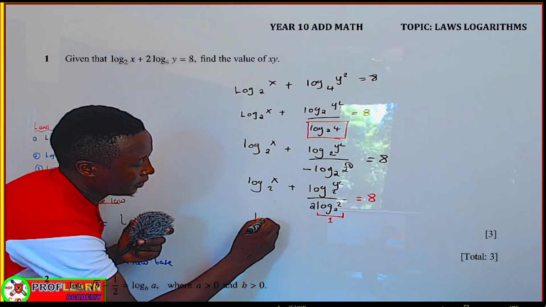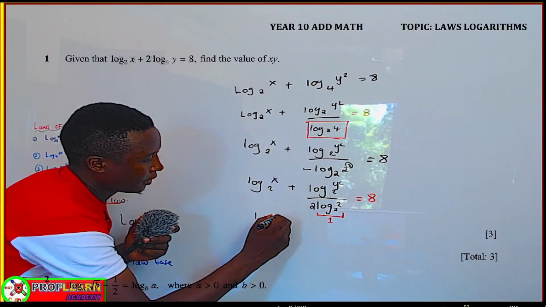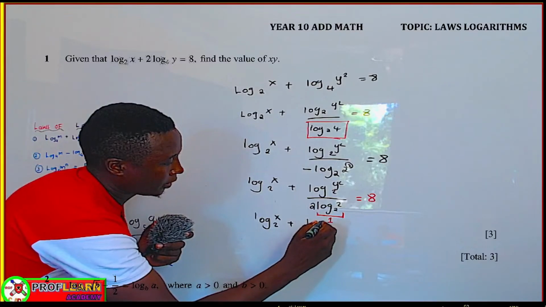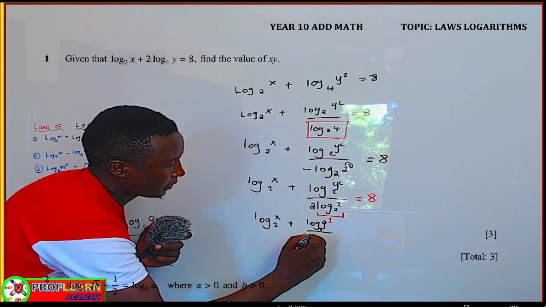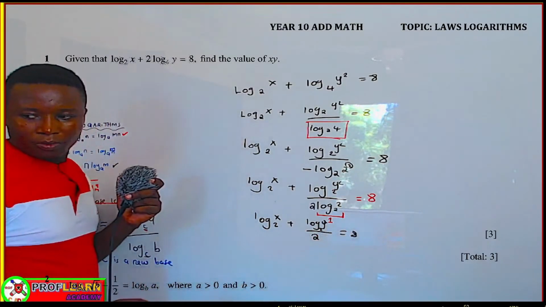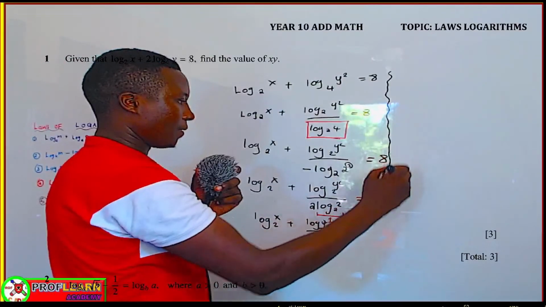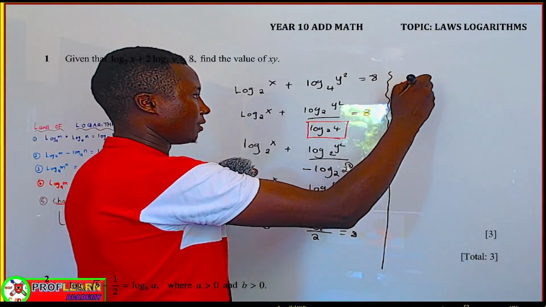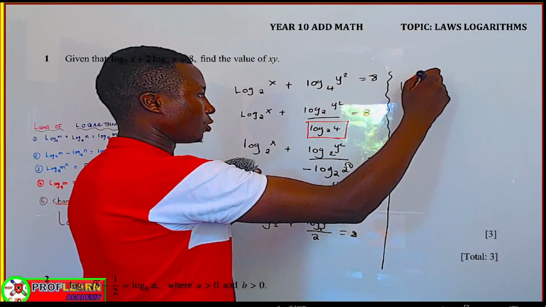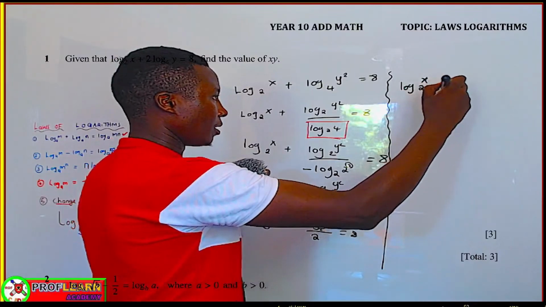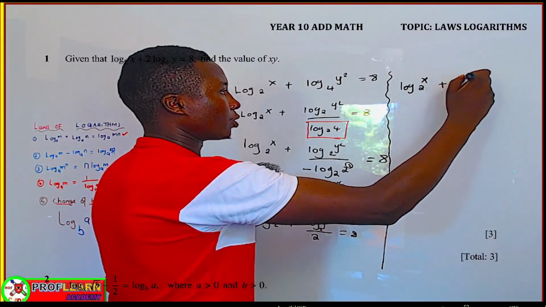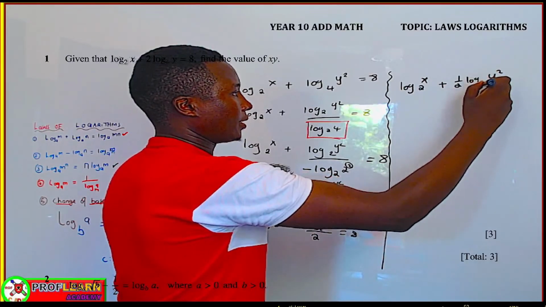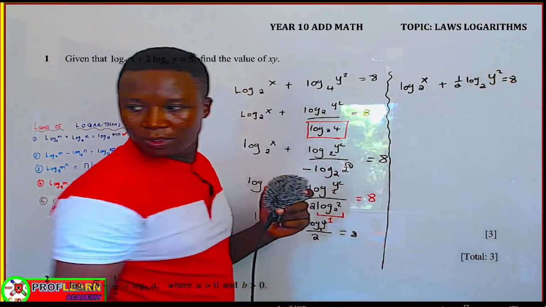Finally we shall have log of x base 2 plus log of y squared base 2 divided by 2 equals 8. We can now write this as log x base 2 plus 1 over 2 log of y squared base 2 equals 8.